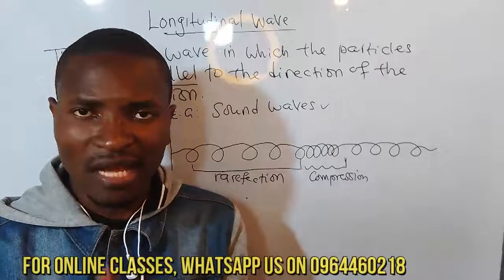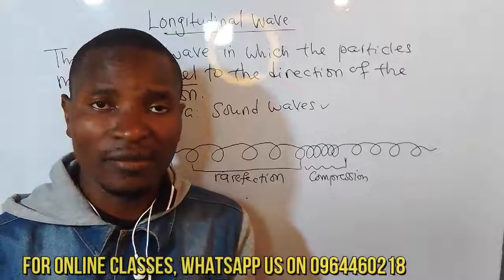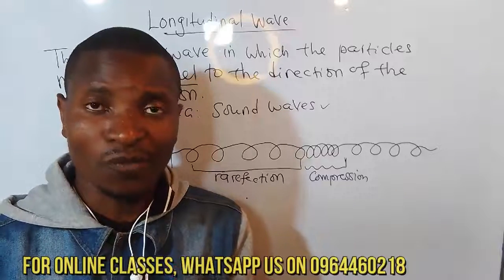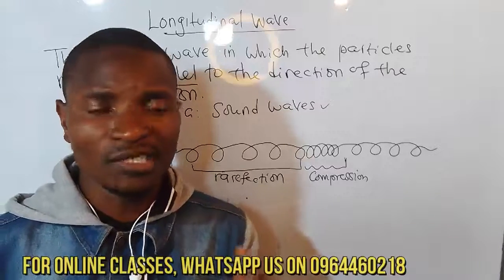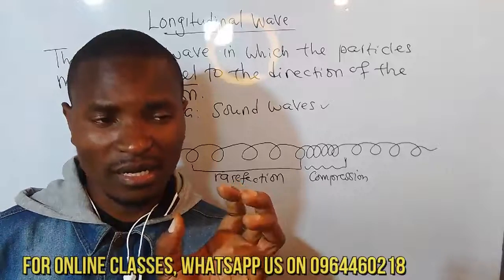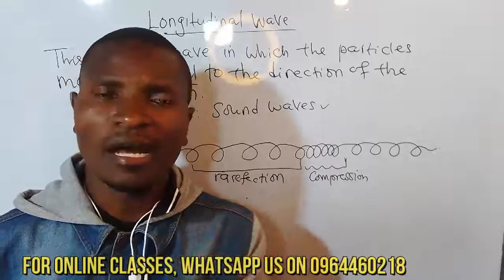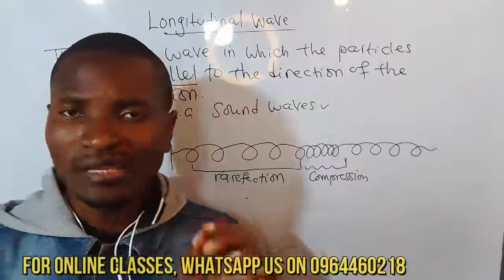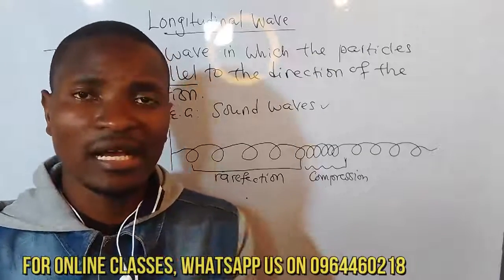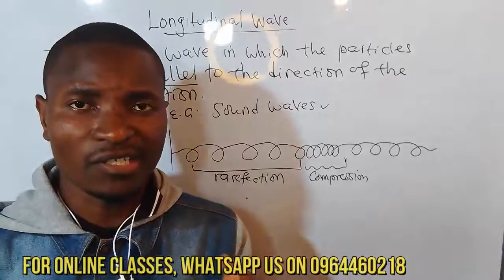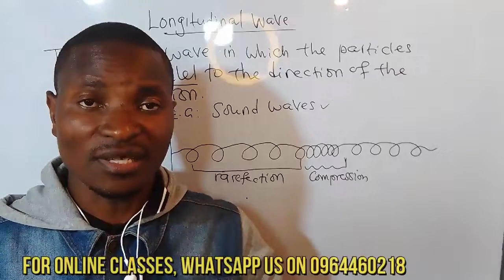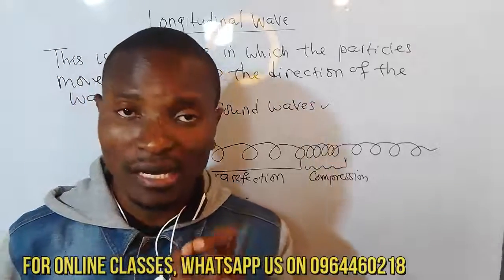There are enough spaces there, the particles are far away from each other. The region where the particles are closely together is what we call the region of compression. And the region where the particles are scattered is the region of rarefaction.